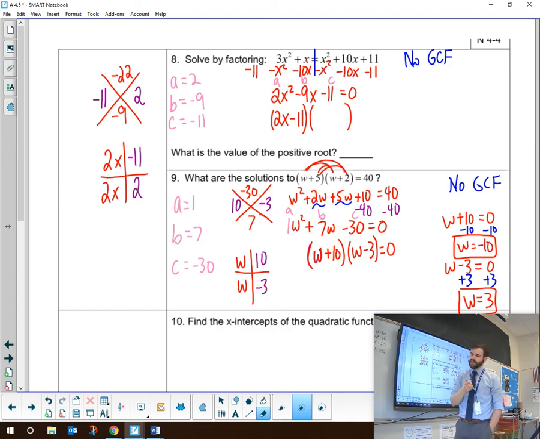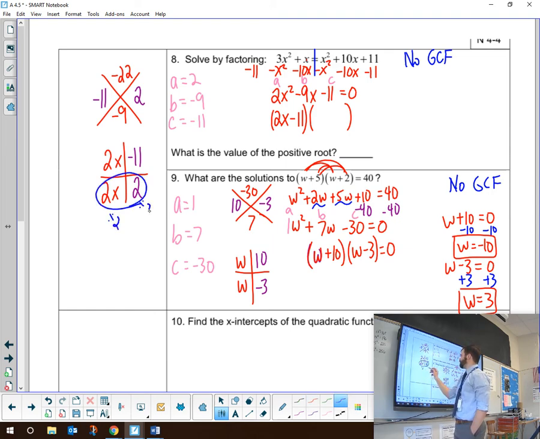I wanted to make sure we pay attention. We really need to remember to reduce out of my plus sign, right? And 2x plus 2 can reduce because I can divide both of these by 2. So this is just going to be x plus 1. So I have a 2x minus 11 times an x plus 1. All right, so now we solve both of these.